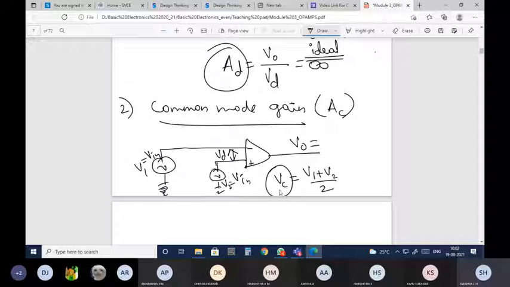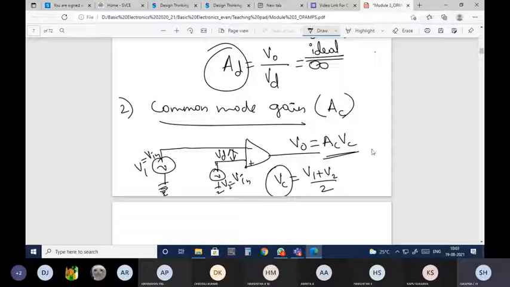So VC is the common average between the input voltages, V1 plus V2 divided by 2. Maybe VD might be 0, so it may not get amplified, but the average between these two may get amplified. So V0 will be equal to AC into VC.